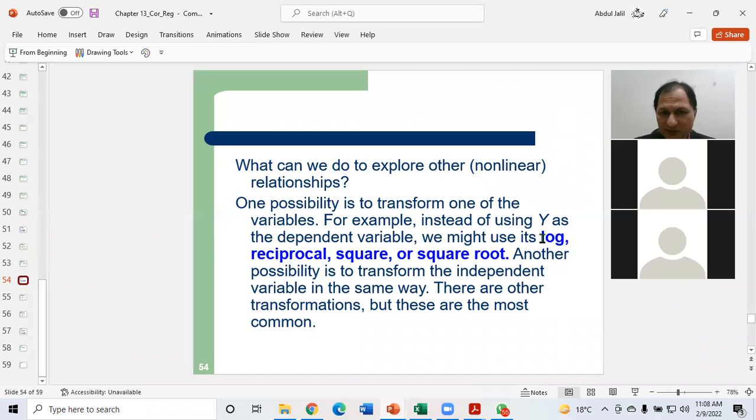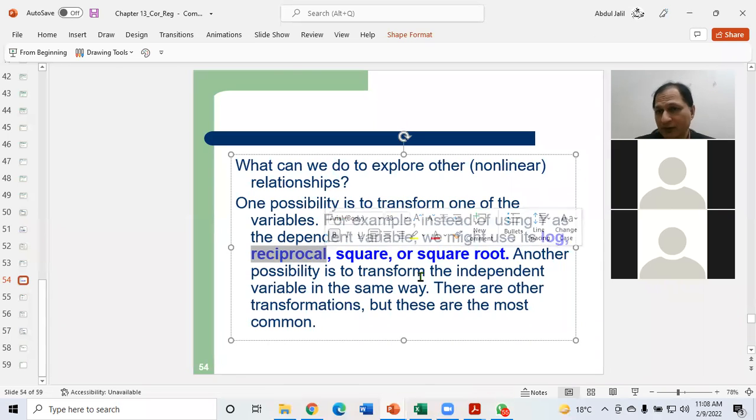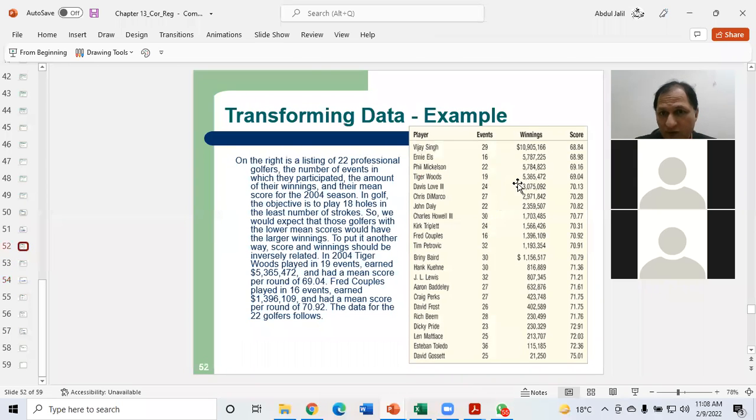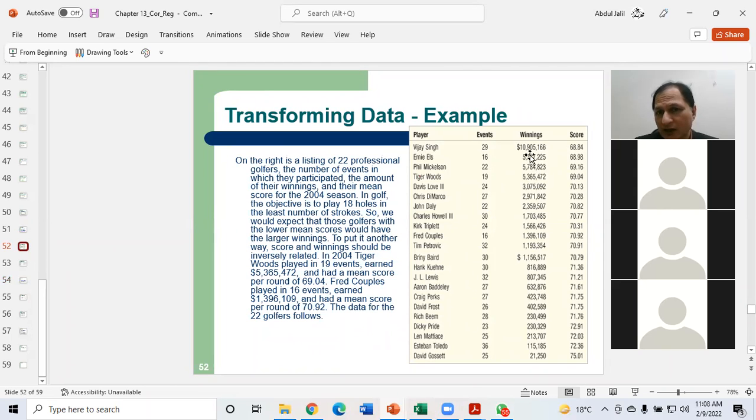So different transformations are possible for all kinds of data sets. You can take log. You can take reciprocal. Reciprocal is 1 over the given variable, just like 1 over x. In our case, this example reflects winning and score, how much you are going to win by obtaining some score.